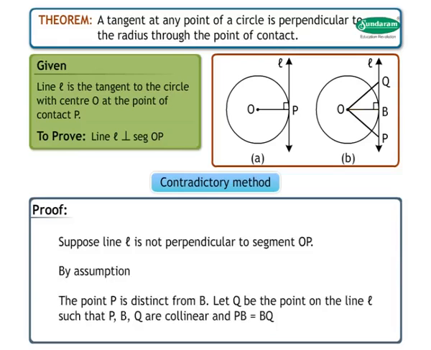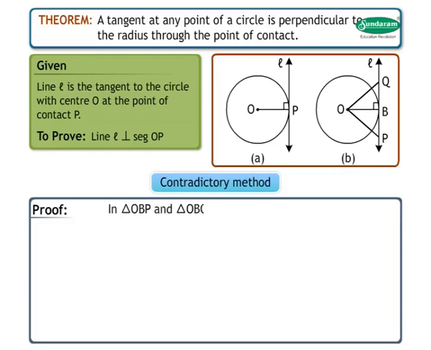Let Q be the point on the line L such that P, B, Q are collinear and PB is equal to BQ. Consider triangle OBP and triangle OBQ. Segment OB is a common side to both the triangles. Therefore, segment OB is congruent to segment OB.